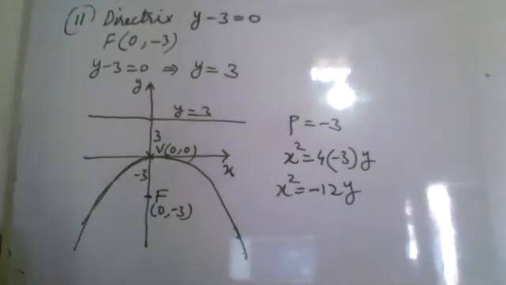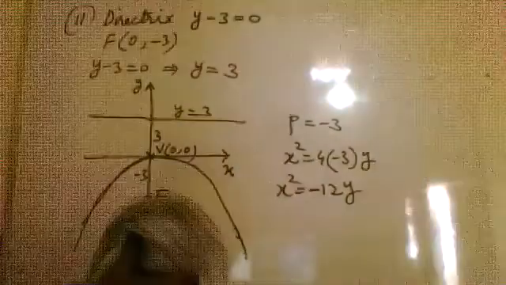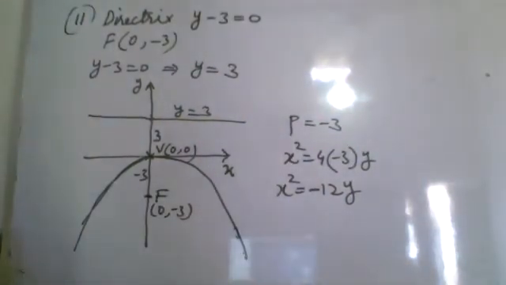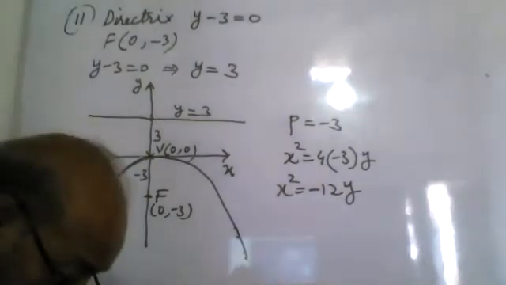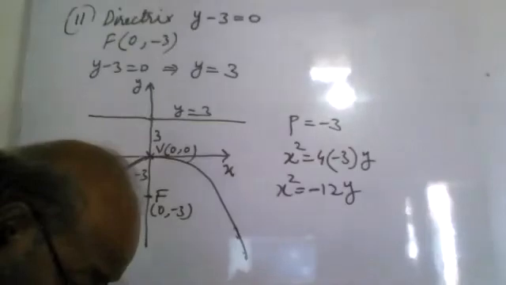Neither the focus is given, nor the equation of the directrix, but the vertex is given and a point on the parabola is given, and the axis is along the x-axis.